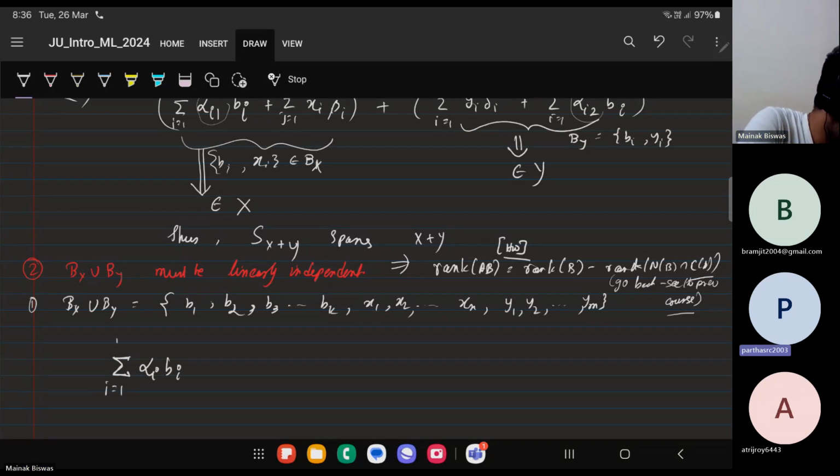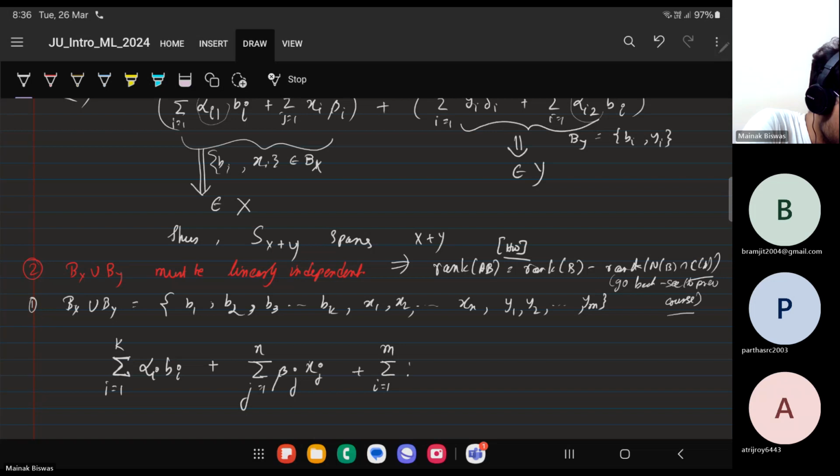Yes, sorry. Summation i equals 1 to k of alpha i bi, plus summation i equals 1 to n of beta i xi, plus summation i equals 1 to m of gamma i yi.